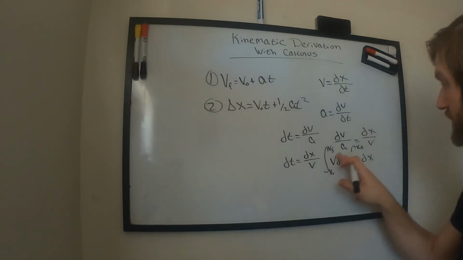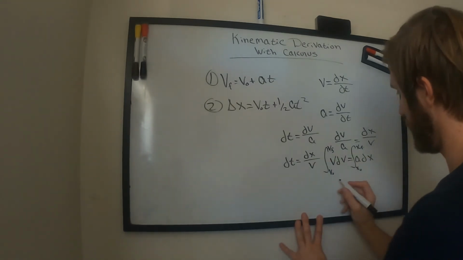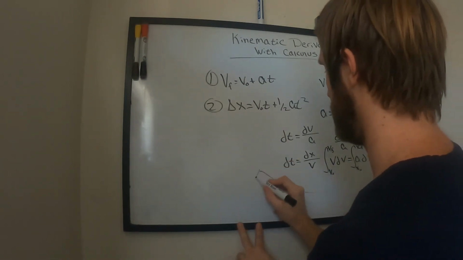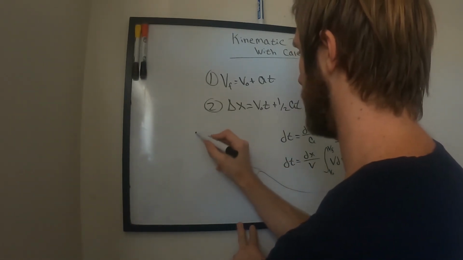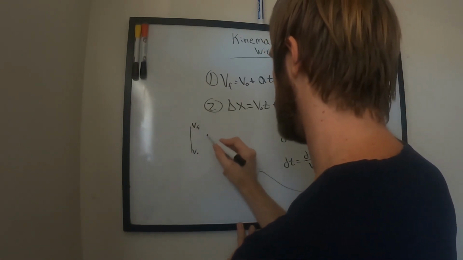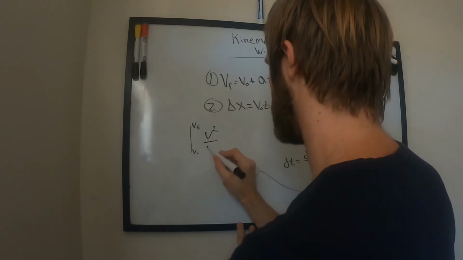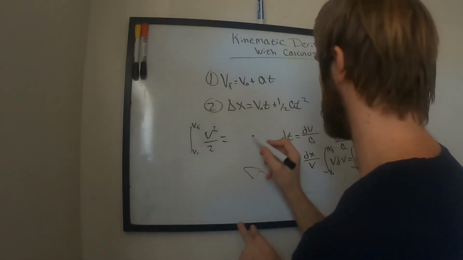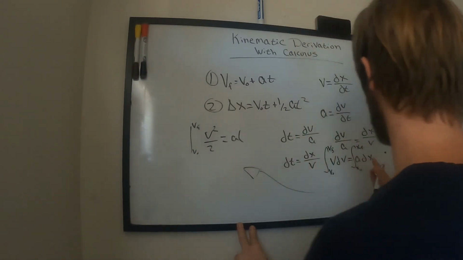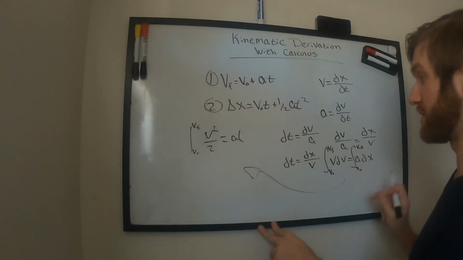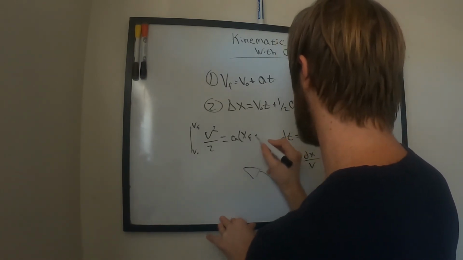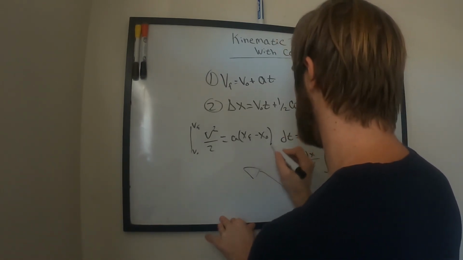All right, so let's carry out this operation again. We're going to have v squared over 2 is equal to a times our final position subtracted from our initial position. So x final minus x initial.